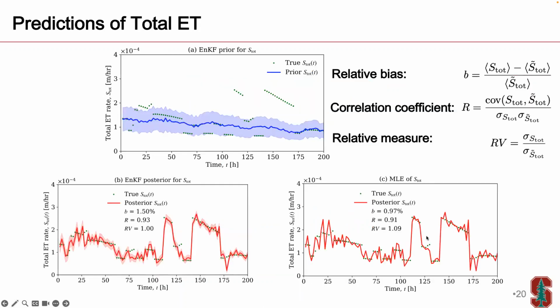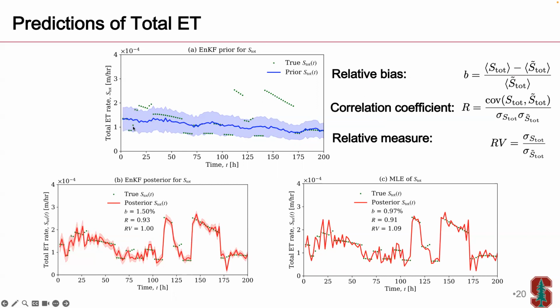And we also show the predictions of the total evapotranspiration rate in the domain, adding up the evapotranspiration in the soil domain. There are 3 plots here. This plot shows the prior statistics of the ensemble Kalman filter, and these green dots denote the true values of total evapotranspiration rate generated from our synthetic study.